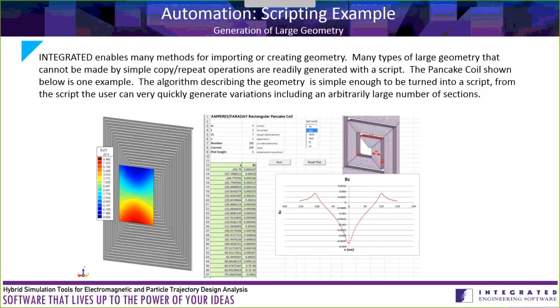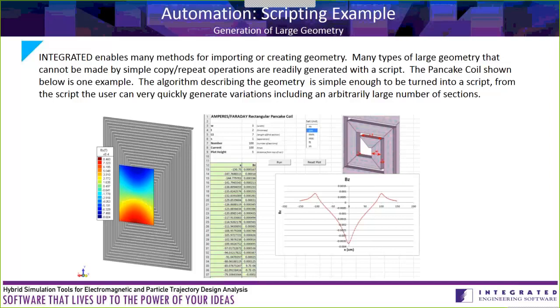One more example. A lot of very large geometry that gets made is very regular, but some of it is kind of quasi-regular, like the pancake coil shown here. So the pancake coil, every section is a little longer than the last section. So there is no easy copy-paste repeat operation that's going to generate this whole coil. But it is a regular enough process that you can define it by a few parameters and write a script to generate it.